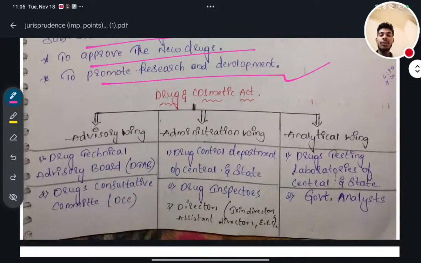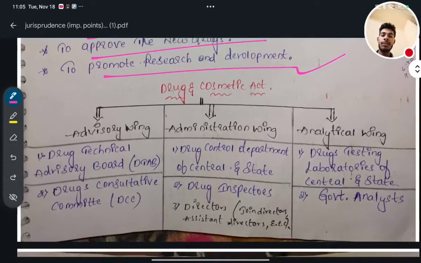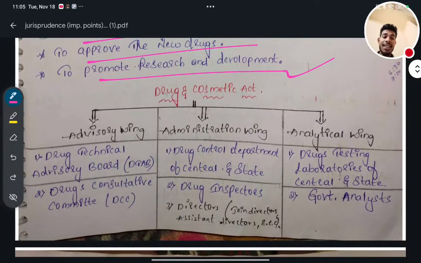Okay, next we will see, this point is very important. You have to remember, in the Drugs and Cosmetics Act there are 3 wings. What are the 3 wings? These are advisory wing, administration wing, analytical wing. So you have to remember these 3 points. These are very important.